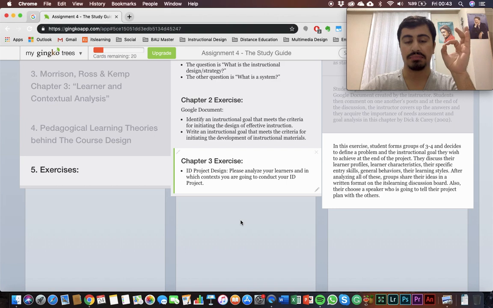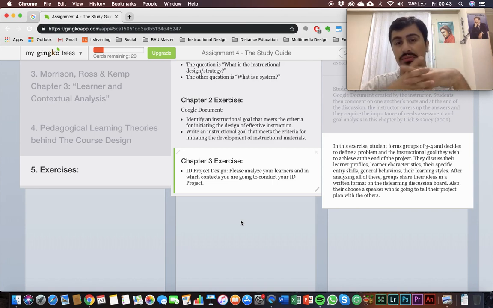In the final chapter, as I state about Morrison, Ross, and Kemp, ID project design, students design an ID project for an instructional problem in groups of 3 or 4, and first they find the problem, then they define their instructional goals, and they start by analyzing learners, chapters, context.